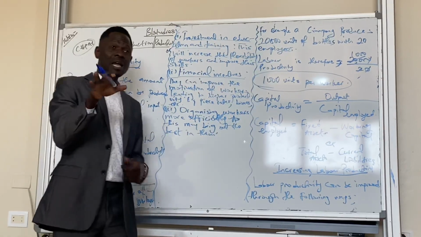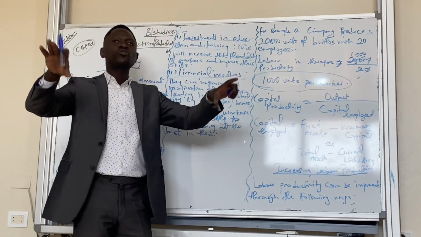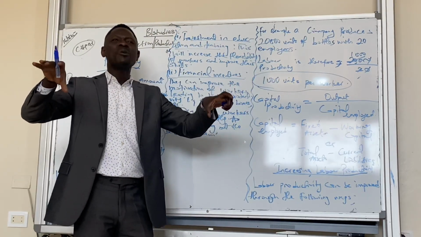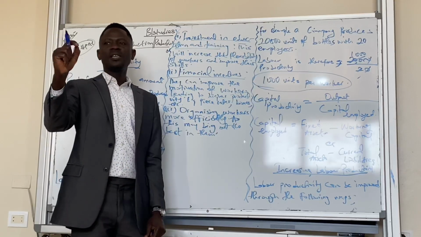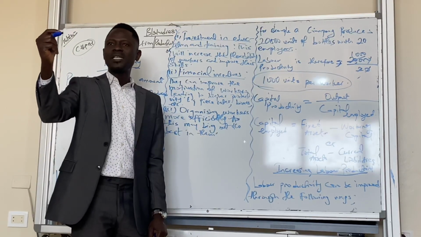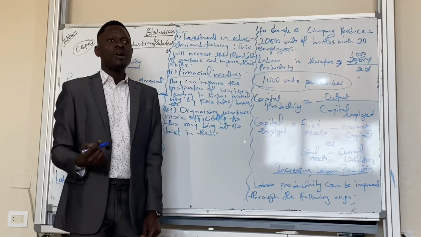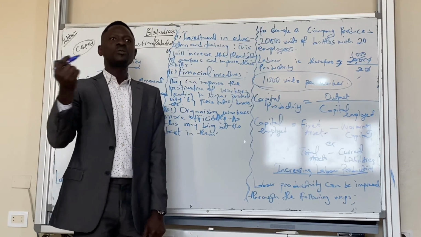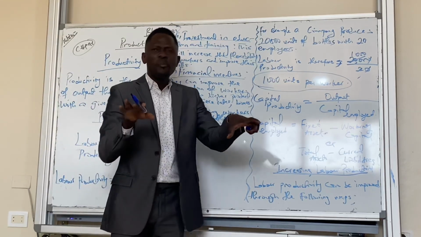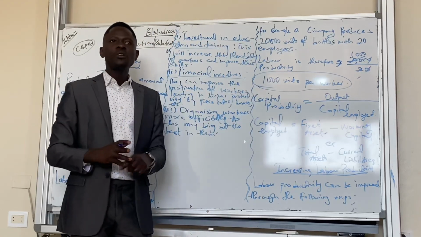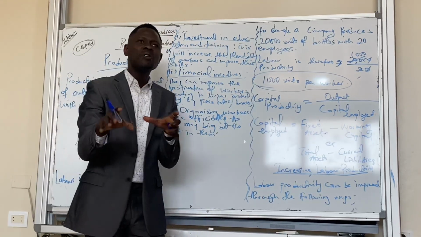And the third one, organizing workers more efficiently, as this may bring out the best in them. Sometimes the way you structure workers might not bring out the best in them. You are putting a business teacher to teach maybe geography, or a geography teacher to teach sociology. So you're not placing them in the right position. Placing them in the right position might bring out the best in them.